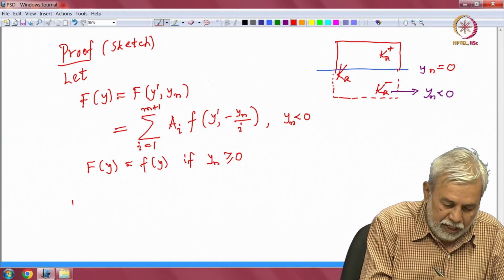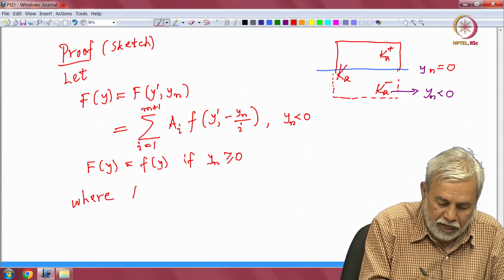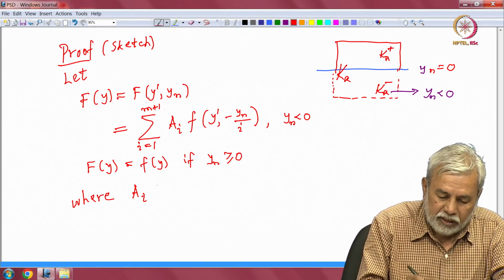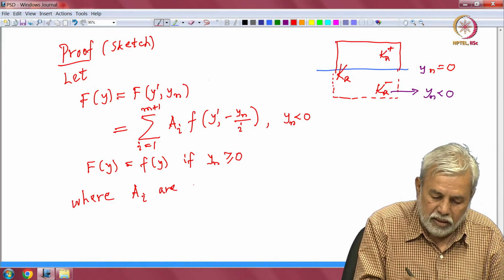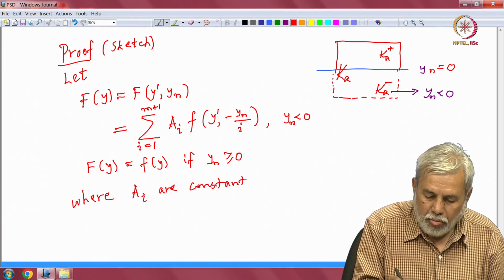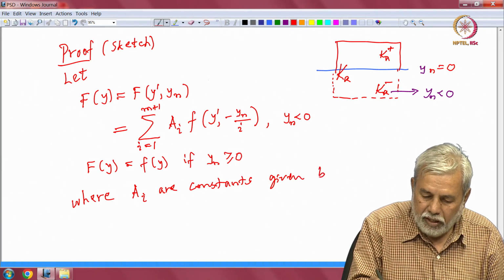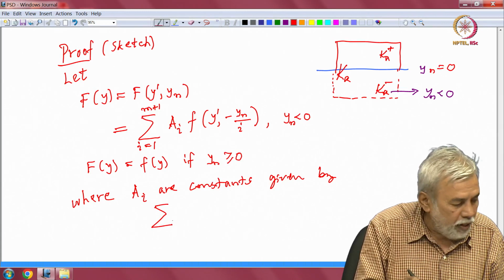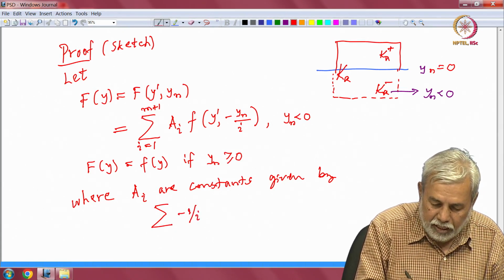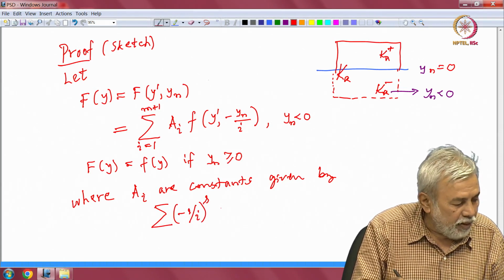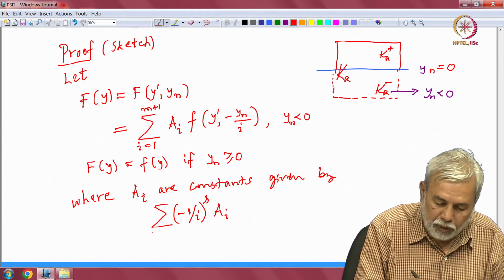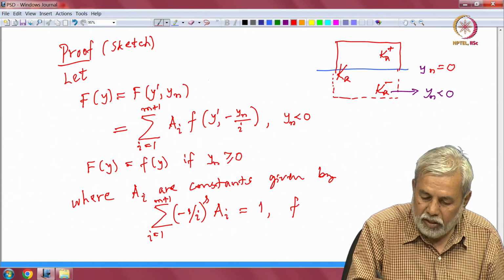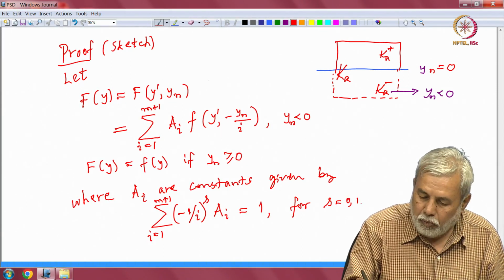So these a_i's are constants; there are m plus 1 constants, given by the sum over i equal to 1 to m plus 1 of (minus 1 by i) to the power s times a_i equal to 1, for s equal to 0, 1, up to m.